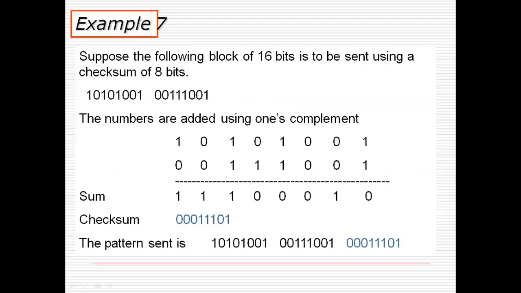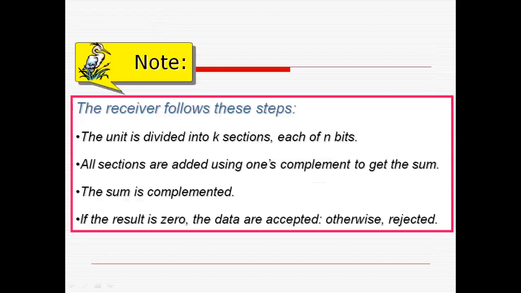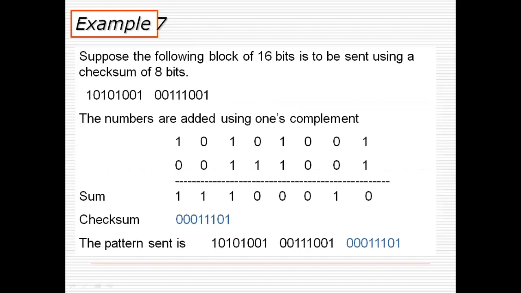So take one example. We have 16 bits of data. I have divided that 16 bits of data into two blocks, each of 8 bit size. First we take these values, then we perform their addition. Again, in the rule it is given ones complement addition, so simply we perform the addition and get some value here. Then we calculate the ones complement here.